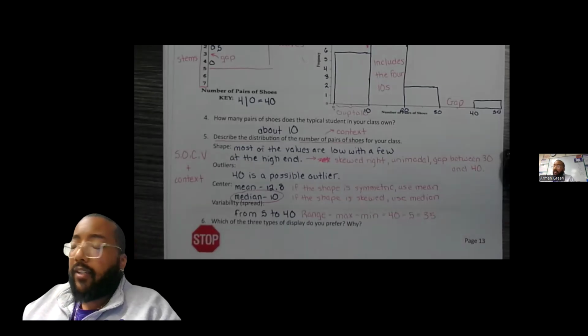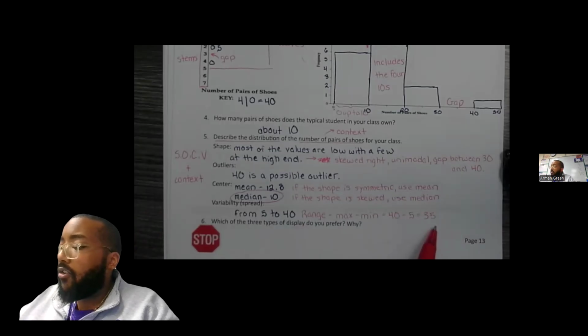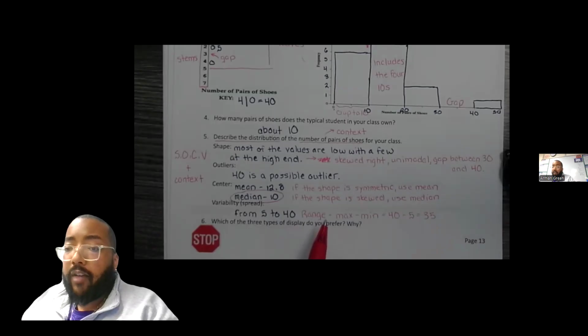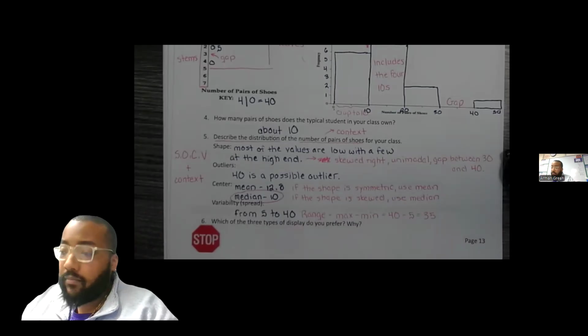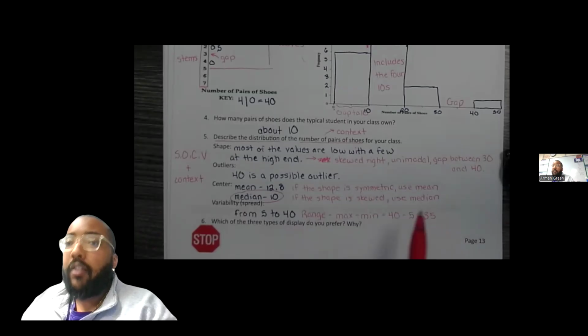Typically, AP exam graders want your range to be a number, not an interval. So if I'm using range, I need to see a number. And context wise, 35 is pairs of shoes, so make sure you include that as part of your response.